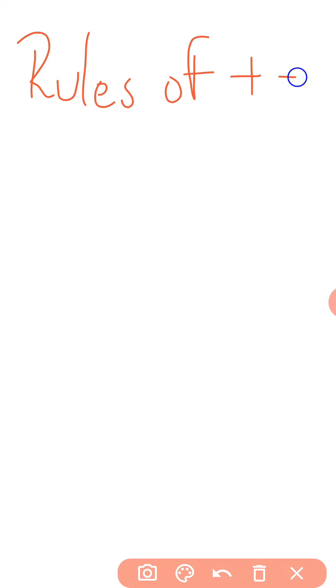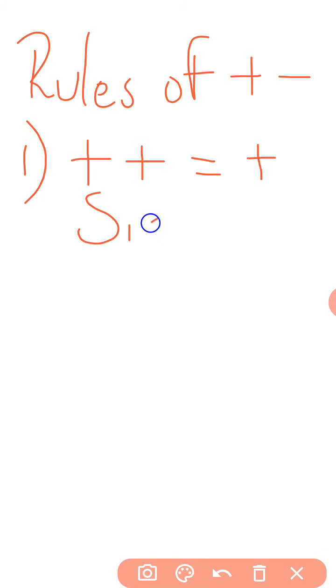So the first rule is: if there are two numbers both having positive signs, so plus plus is equal to plus, we will add both those numbers with each other, and the result will be with a positive sign.